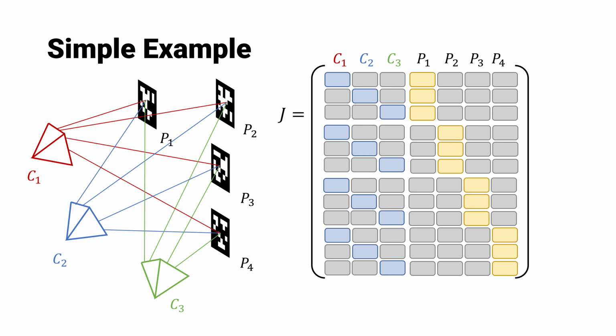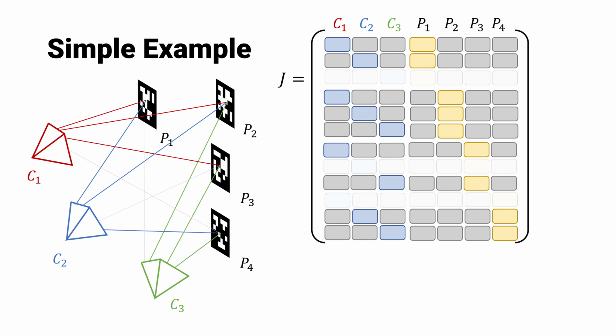It's always going to be all the camera poses first, and all the points at the end, right? So here the number of unknowns is 3 times 7 plus 4 times 3, which is 33. And the number of projections we have, counting the number of rays, is 3 times 4, which is 12.